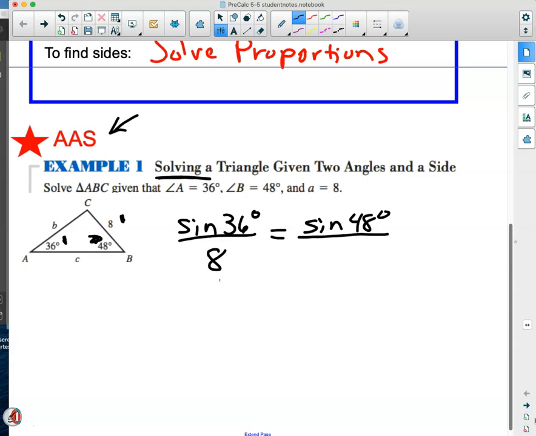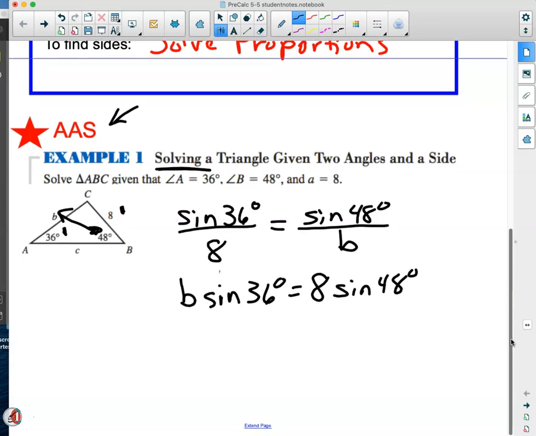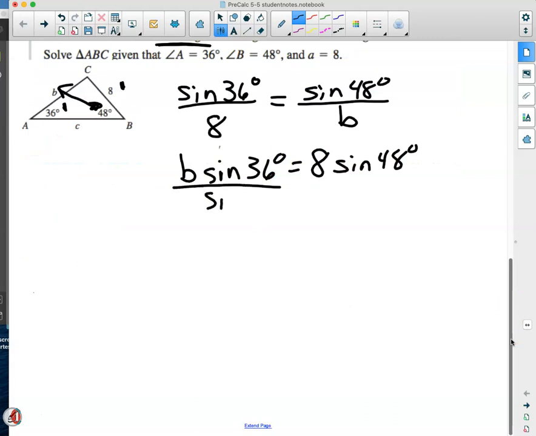That's going to allow me to find the side opposite angle B, because now I have a proportion and I can cross multiply. So I will have b times the sine of 36 degrees equals 8 times the sine of 48 degrees. Then I would divide both sides by the sine of 36 degrees.